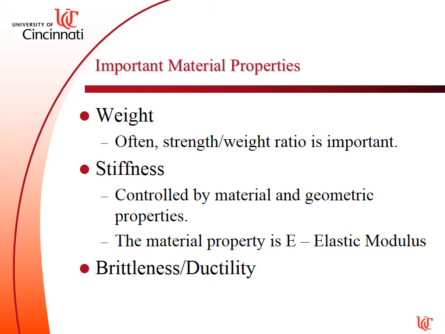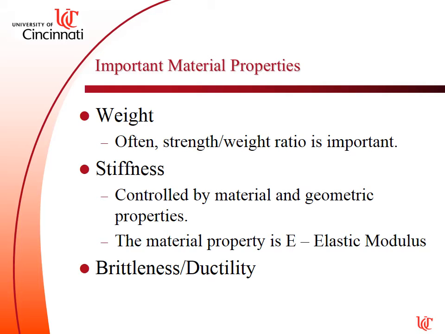A lot of people might say concrete is heavier because they look at a concrete building or a concrete bridge and say that must be a heavy material. And you're right, sort of. If you look at the density or unit weight of steel and concrete, steel actually has a density of 490 pounds per cubic foot.